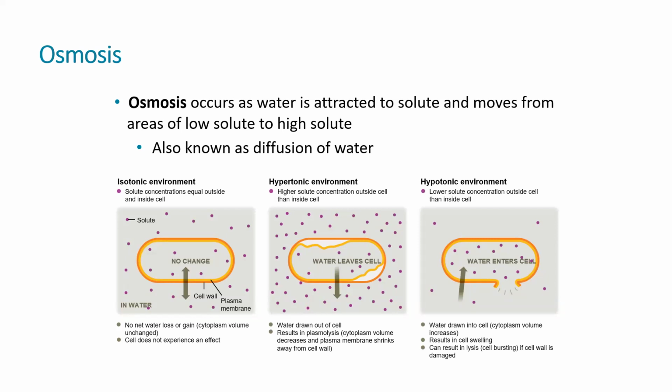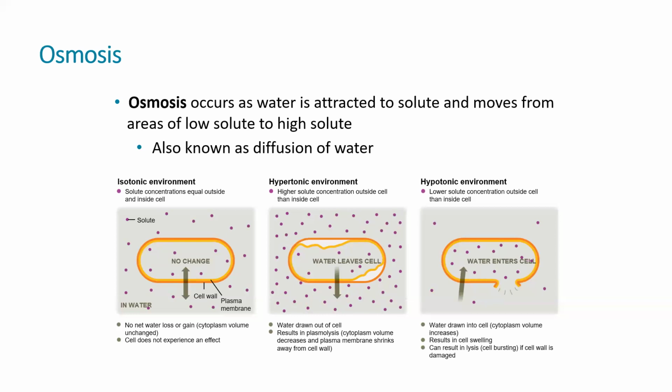Of course, when we're talking about the environment, this can be on a large scale, like those environments, or they can be micro scale, where there are areas that are hypertonic environments. And so since there is more solute outside of the cell, the water wants to leave the cell to equilibrate.